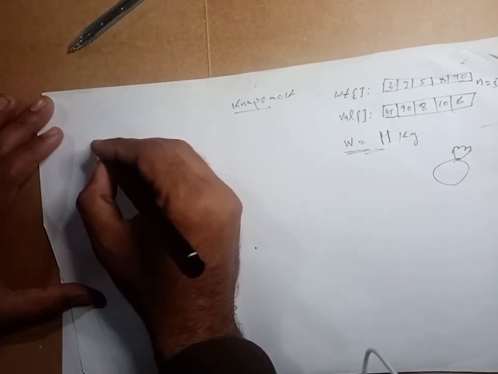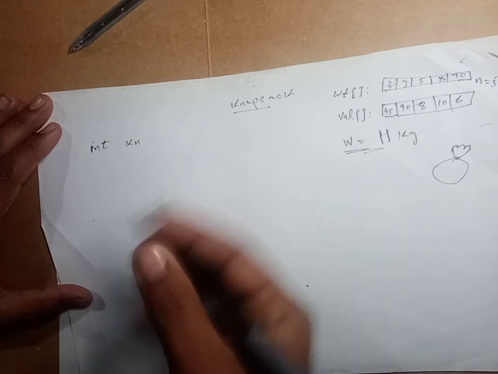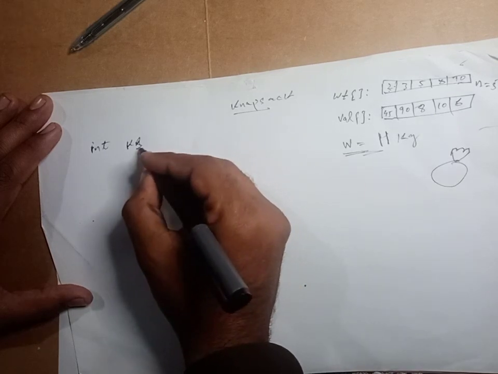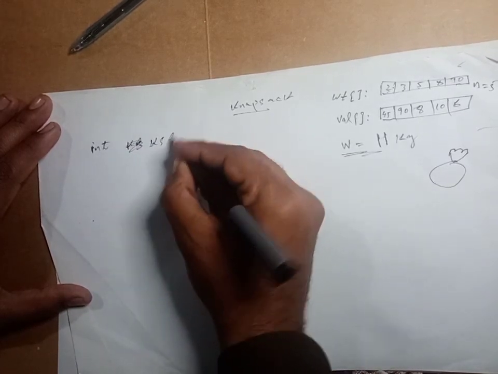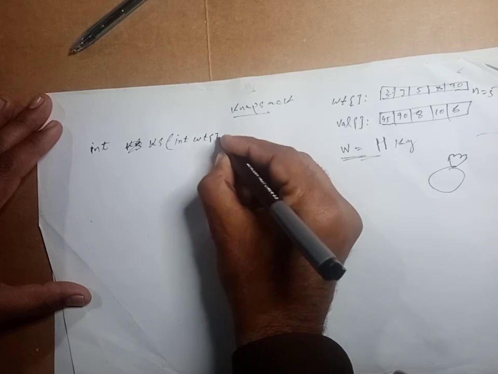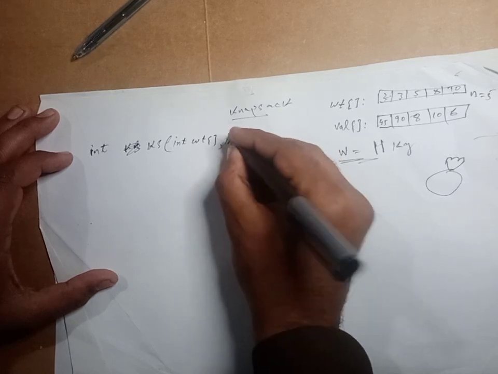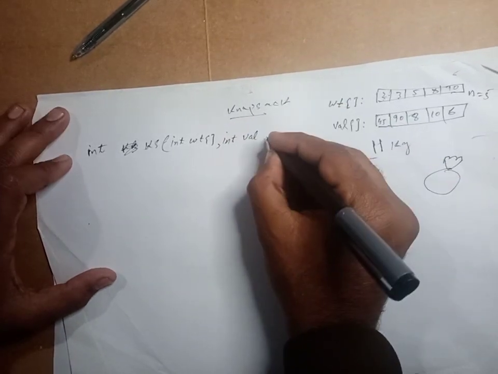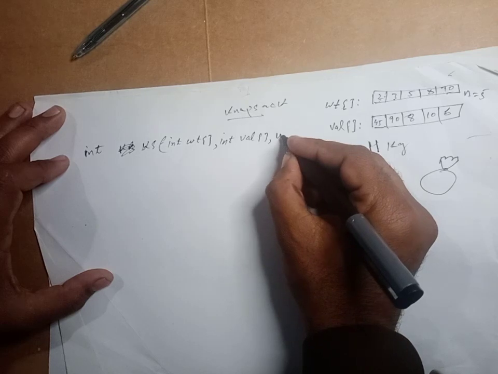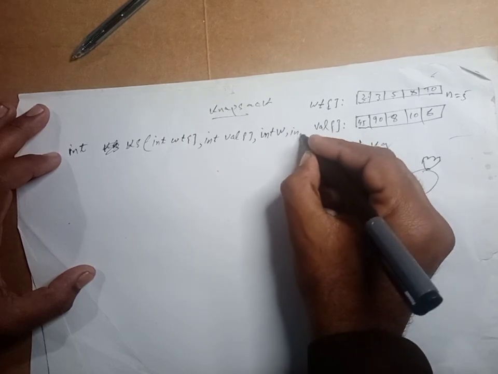We write the function like this: the return type is integer, knapsack, ks is the function name, and here the integer array wt for weights is a passing argument, integer array val for values like this, integer W for the capacity, and n for the size.